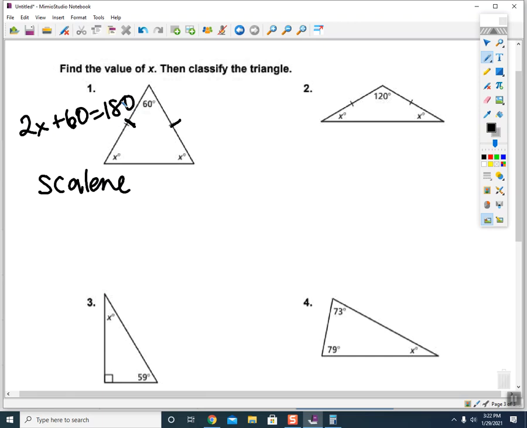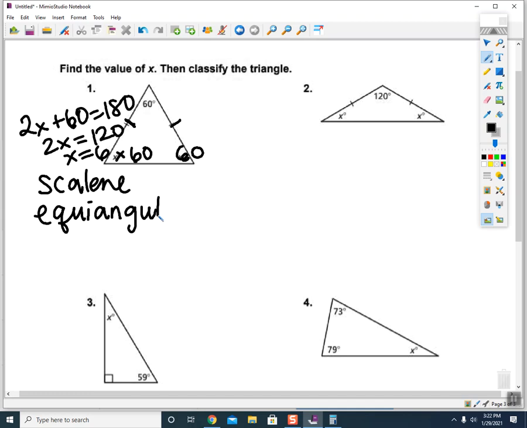If I subtract 60 from both sides, 2x equals 120. So x is going to equal 60 for both of them. So not only is this a scalene triangle, it's also going to be equiangular. It's going to be an equiangular triangle as well. X is going to equal 60.